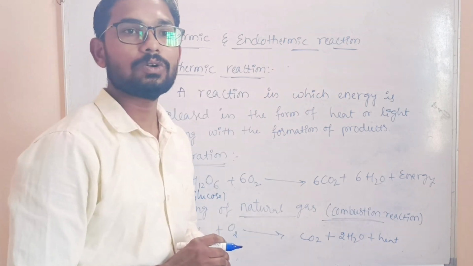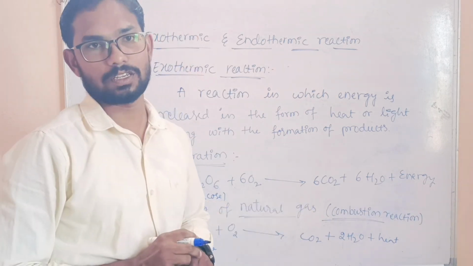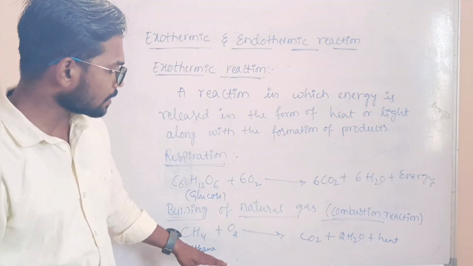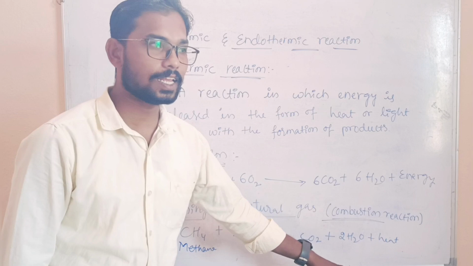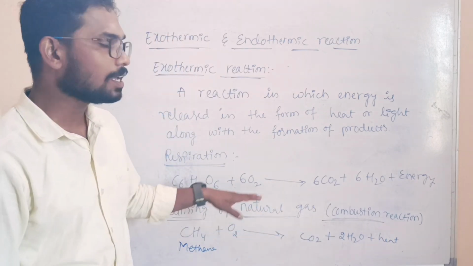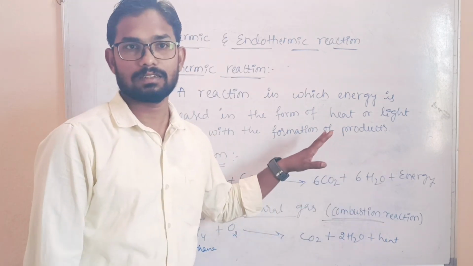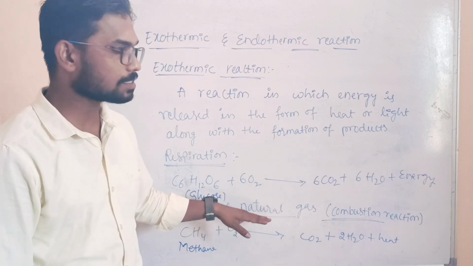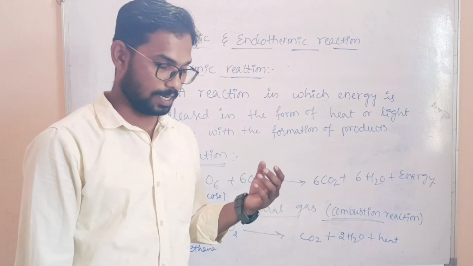With that you are going to get the heat energy. Here in the case of burning of natural gas, you are getting that the heat energy is released, and here in the respiration the energy is released. Okay, so the heat energy is released in all the cases, or light energy is released in the case of that magnesium oxide.